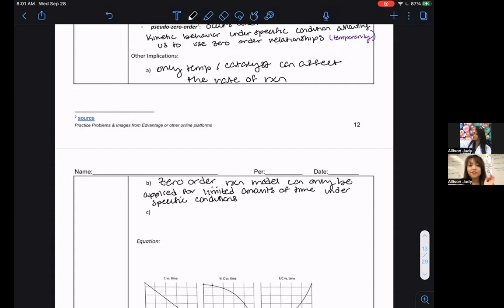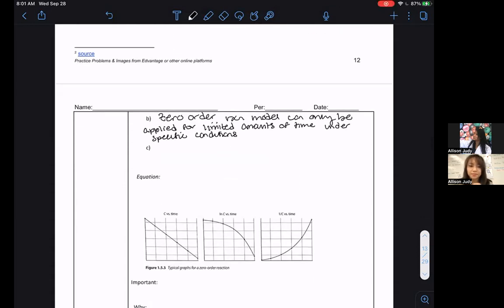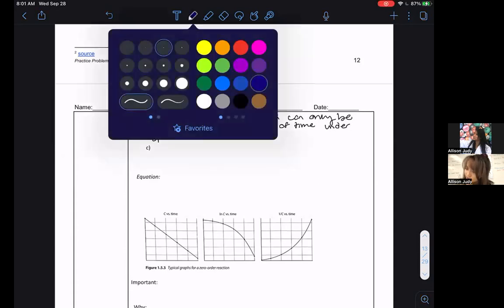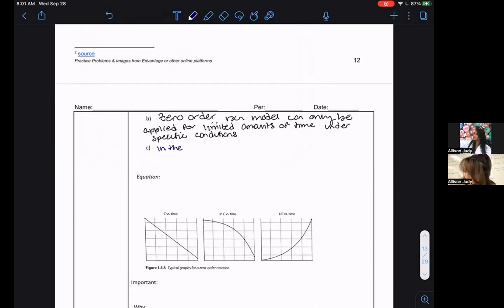Okay. And then finally, one thing to consider when you're looking at these integrated rate laws and trying to understand the relationship between concentration and time for a reaction is that we commonly see, in the presence of heterogeneous enzymes, so for all you biochem people, a pseudo zero order or zero order behavior.